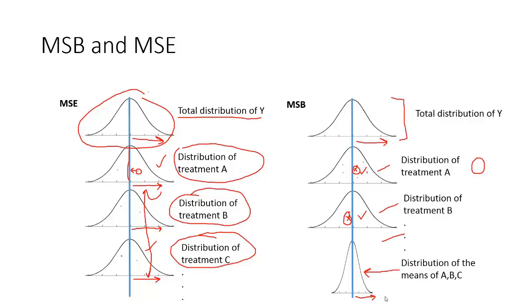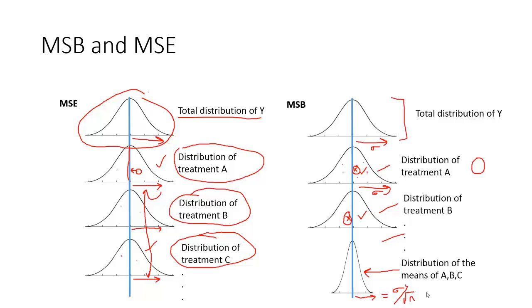As long as you're doing that, we know that this standard deviation is equal to the overall standard deviation, that is the standard deviation of the total distribution, or you can think of it as the standard deviation of any of these distributions because they're all identical, divided by the square root of n.